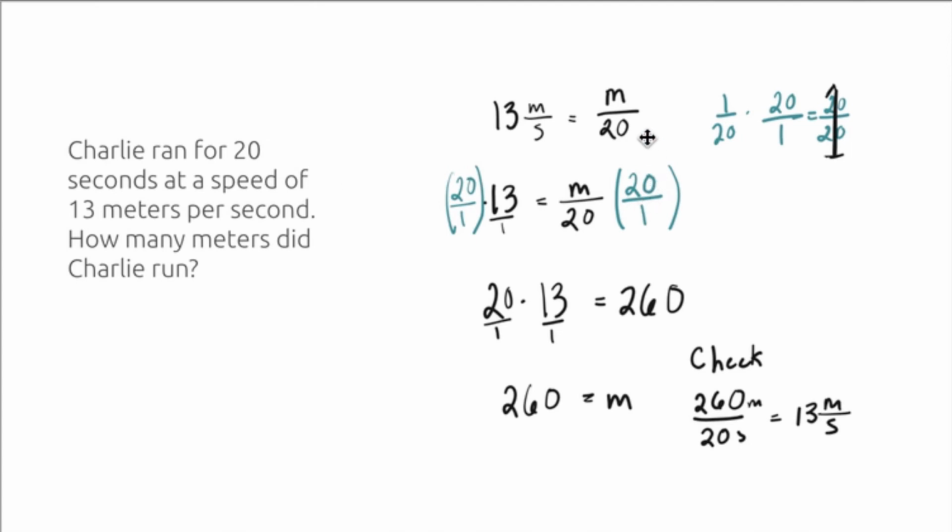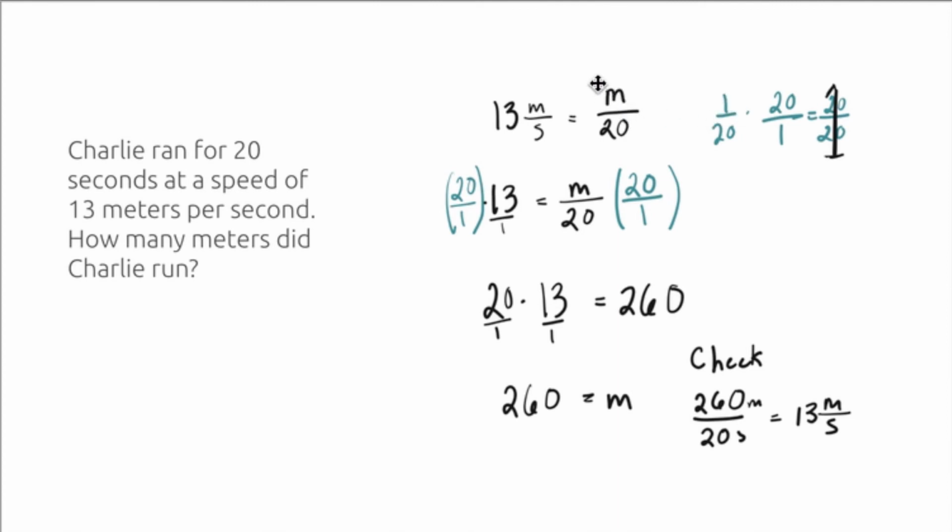Well, how do we remove or cancel out the 20 in the denominator so that we can have our equation equal to m? Well, it's the same idea of multiplying by a reciprocal, right? So here, this is represented as 1 over 20, and we just removed the m for simplicity, all right?